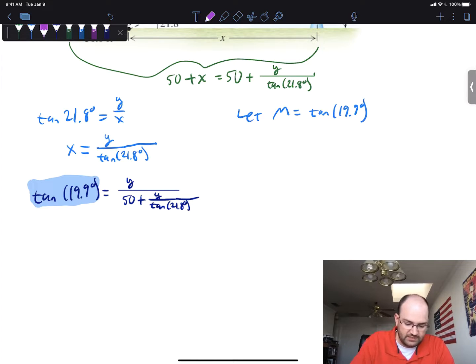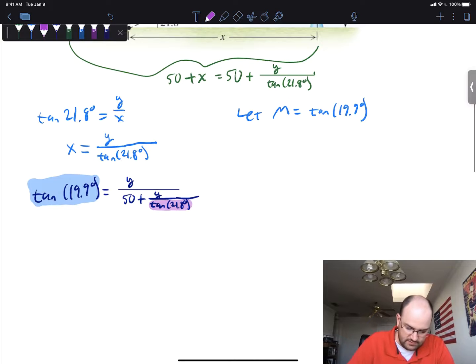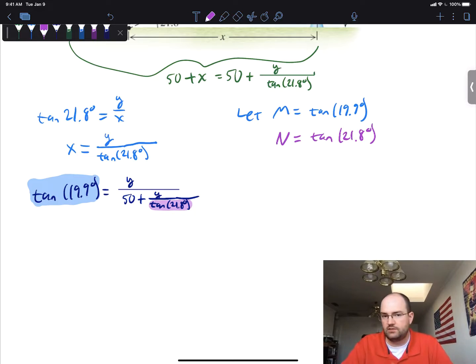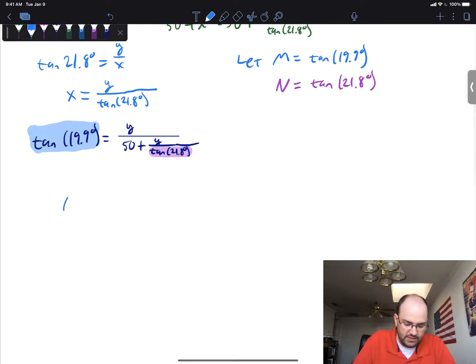And then I'm going to let capital N equal the tangent of 21.8 degrees. And you just type those in and get those values. Now notice that this is going to look a little bit different as a result. So this is going to be M is equal to y over 50 plus y over N.